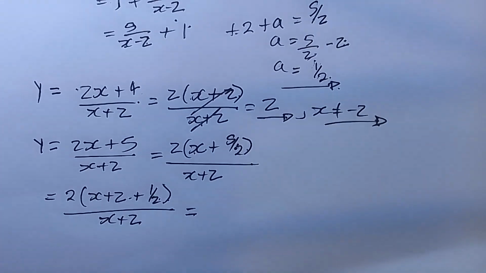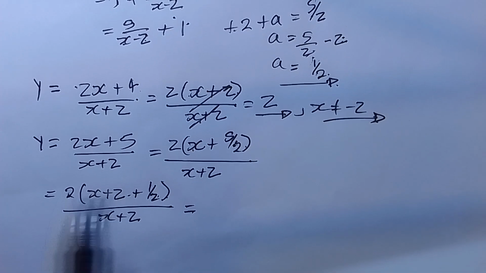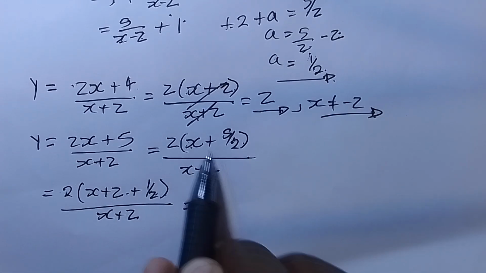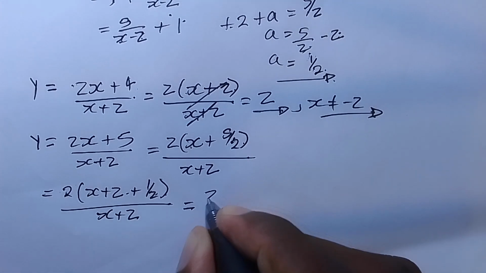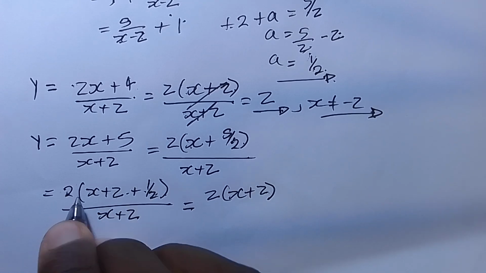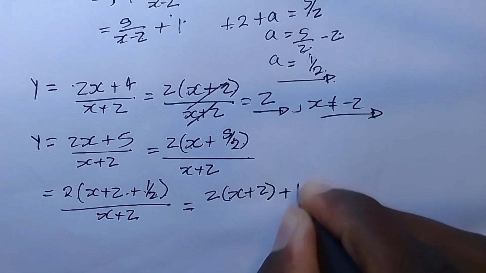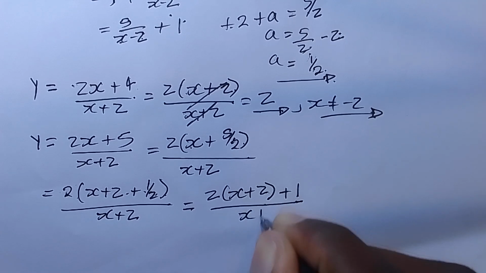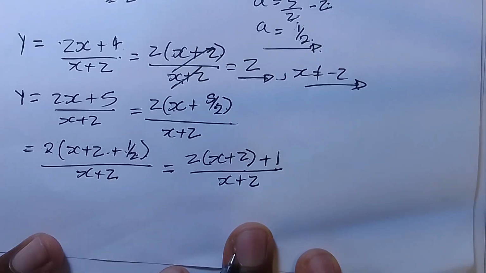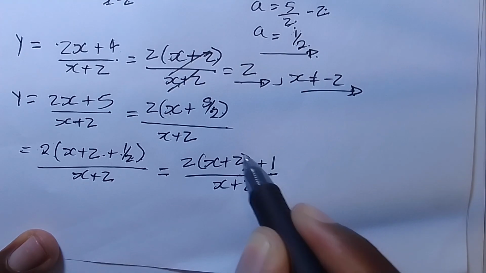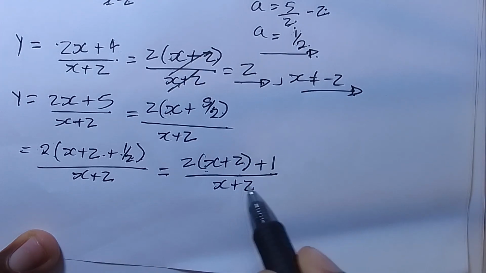What you do next is, you multiply the 1 over 2 by the 2, so you can take it out of the bracket, so that the bracket only contains x plus 2. So you have 2 into x plus 2 plus 1, because 1 over 2 times 2 is 1. Now this whole thing is divided by x plus 2.